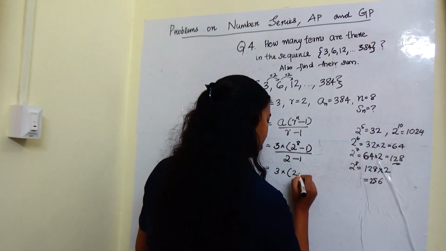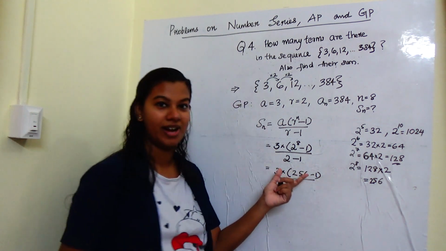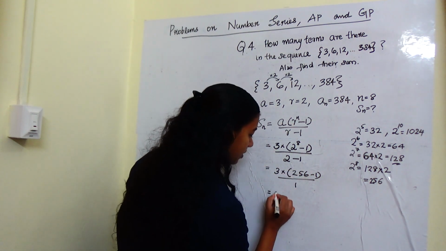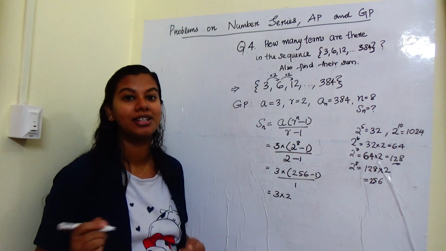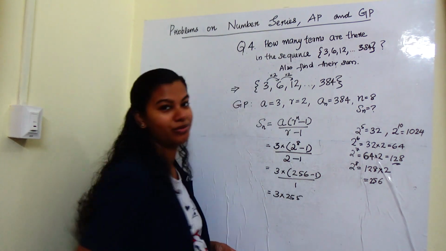Okay, it is 256 minus 1 divided by 2 minus 1, which is 1. So it is 3 into 255.